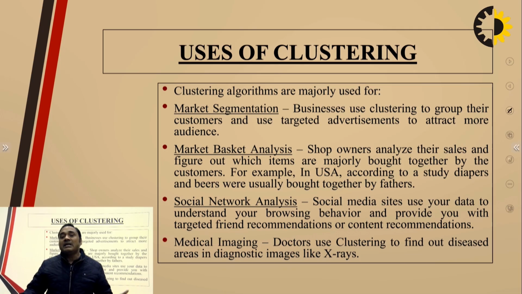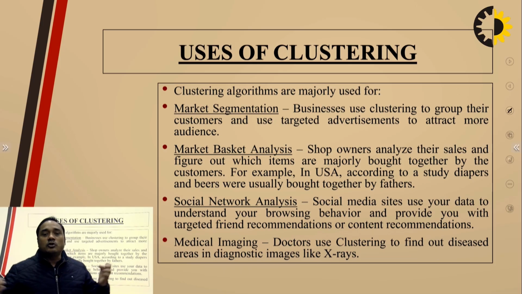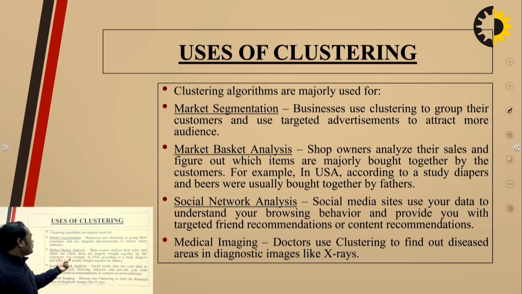On the basis of the demand for that particular product, you put more stock of that product in the shop. Whatever item is more purchased by the customers, you increase that quantity in your shop. So you figure out which items are majorly bought together by the customer.